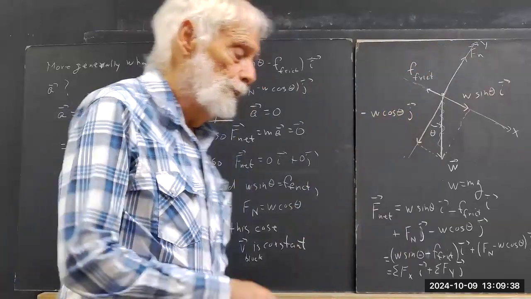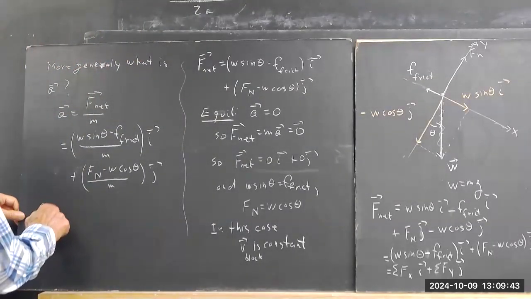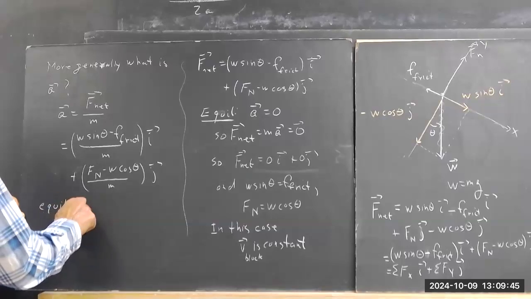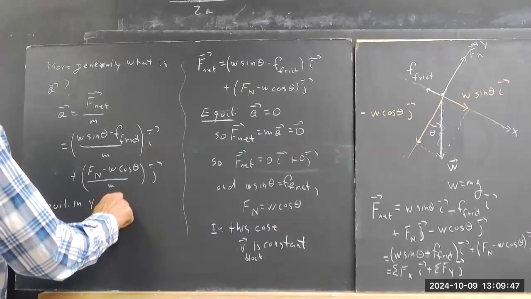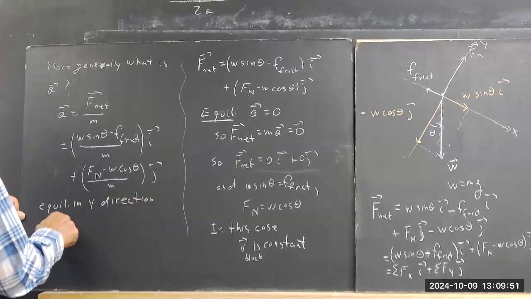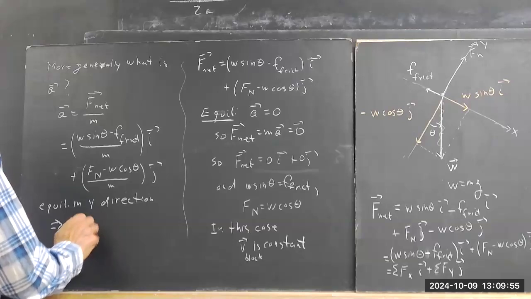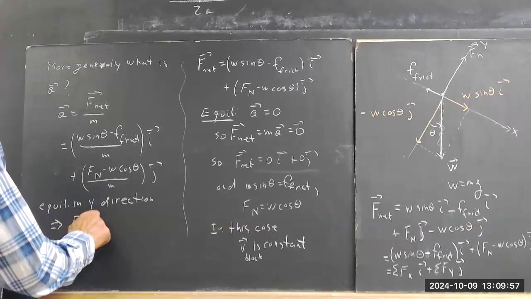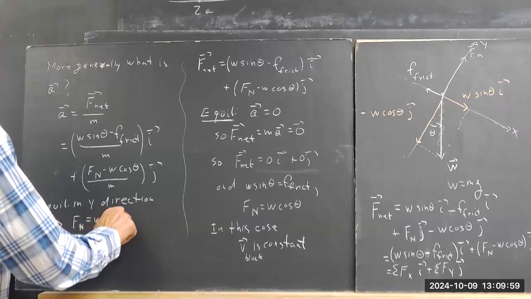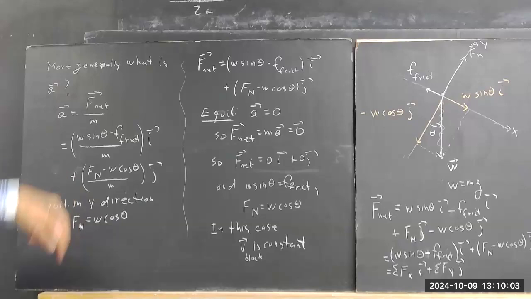Okay, so now you have equilibrium in the y direction, such that Fn equals W cosine theta. So when you subtract W cosine theta from Fn, you get 0. Okay.